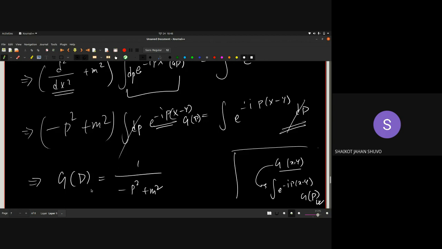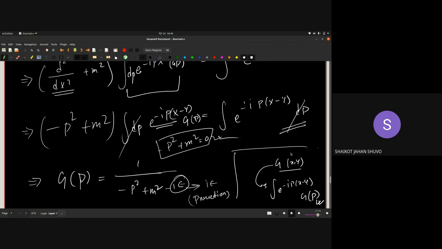And most of the time, if you're considering this from a physical point of view, this guy is divergent, so that's why people put an i epsilon over there to make things convergent. So when you study quantum field theory, this is also known as the i epsilon prescription, because the poles are on the real axis, and by special relativity, minus p square plus m square equals 0. I hope you guys know this.